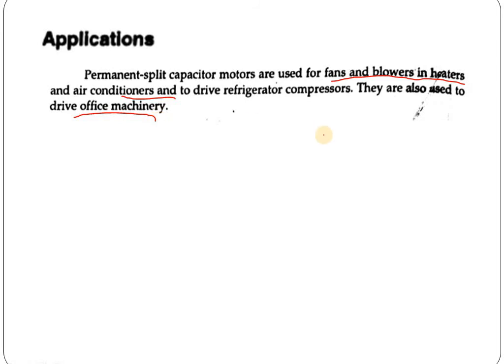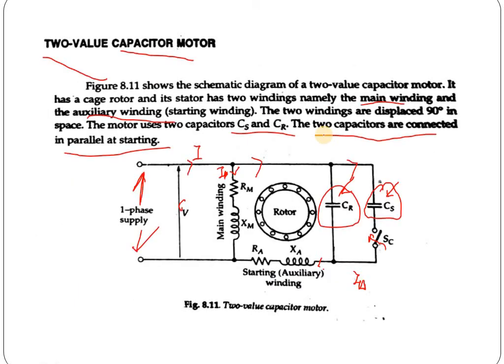Now the next thing. I will not show you the diagram, I will just discuss it: the permanent capacitor type motor. In the permanent capacitor type motor, you have to understand that this portion will not be there. That means this CS part will be missing, and the capacitor will be connected throughout the time.